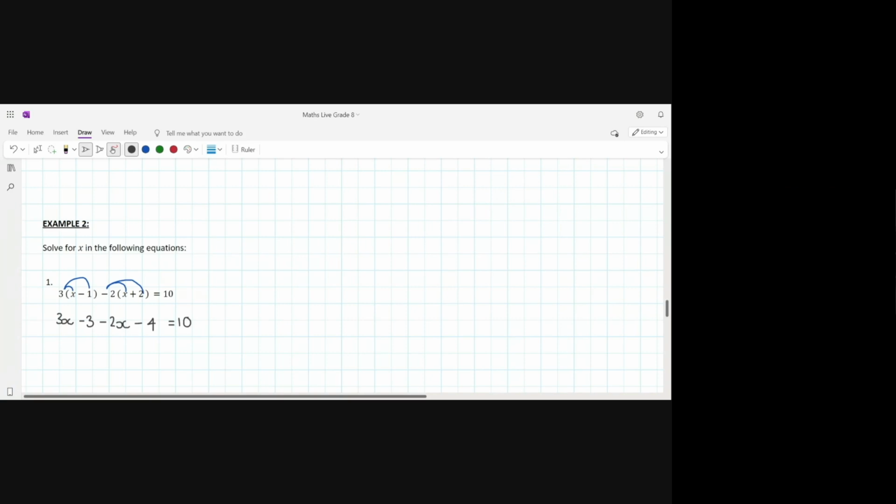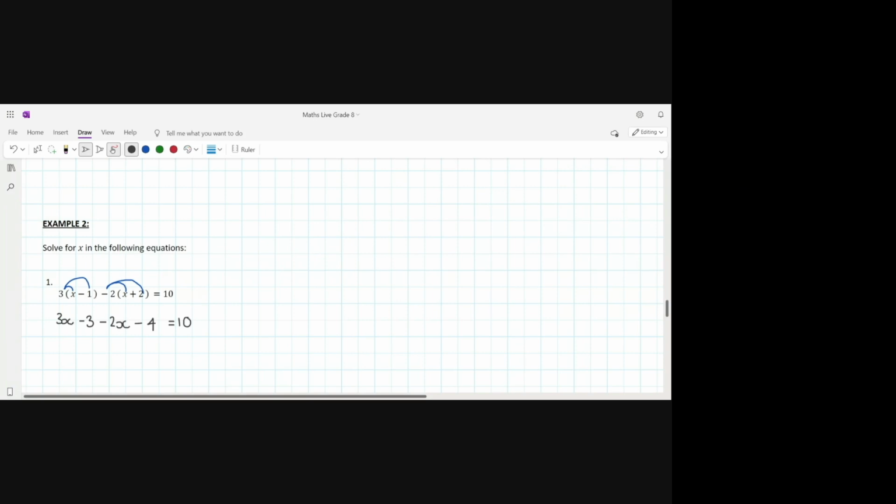We're going to transpose. You need to tell me what I'm transposing. Well, if I took the -2x over to the other side, then all my x's wouldn't be together, right? But at the moment, I know that the 3x and the -2x need to stay together. What needs to move? What needs to go away from the left-hand side and go to the right-hand side?